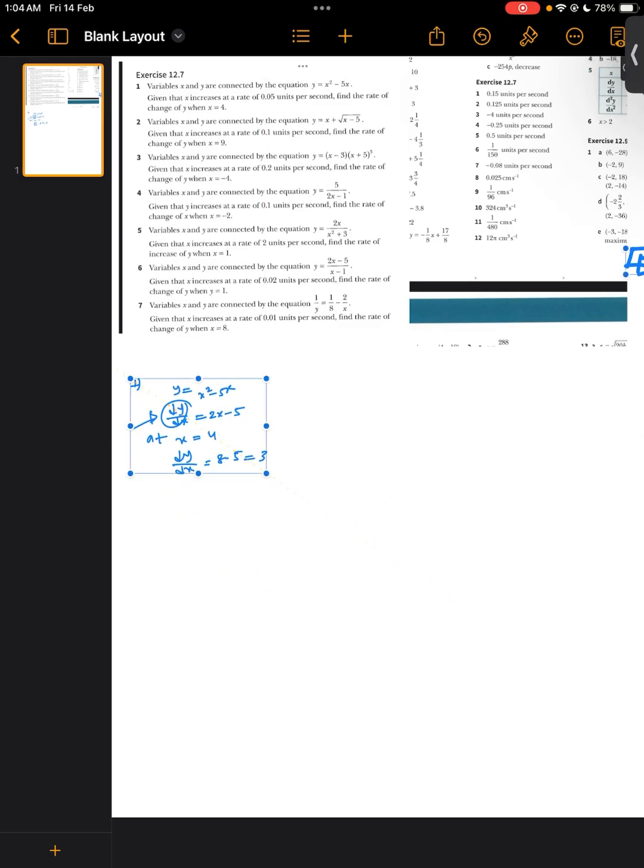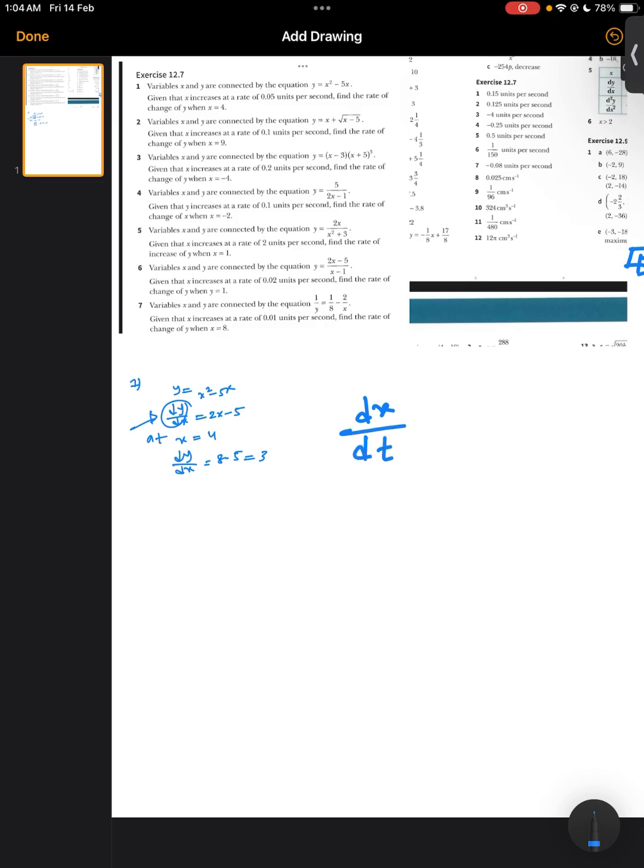Then I need two more things here: dx/dt, or d/dt of x. X changes with respect to t. The value is here, this one, 0.05. Now what they asked us to calculate: find the rate of change of y. Guys, in your lifetime, rate means divide by time.